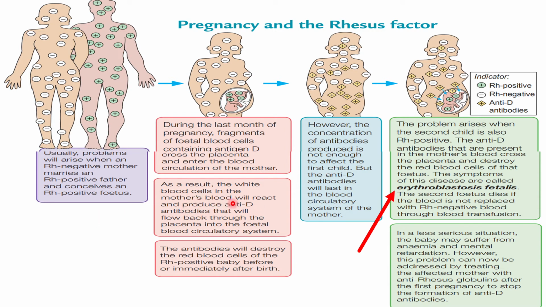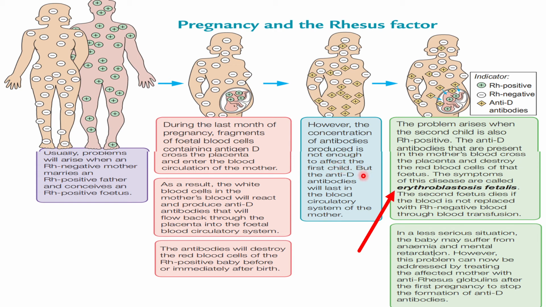The mother's blood will produce anti-D antibodies, which will flow back across the placenta into the fetal blood circulatory system and destroy the red blood cells of the Rh positive baby before or immediately after birth. But not to worry if this is the first pregnancy, because the concentration of antibodies produced is usually not enough to affect the first child.